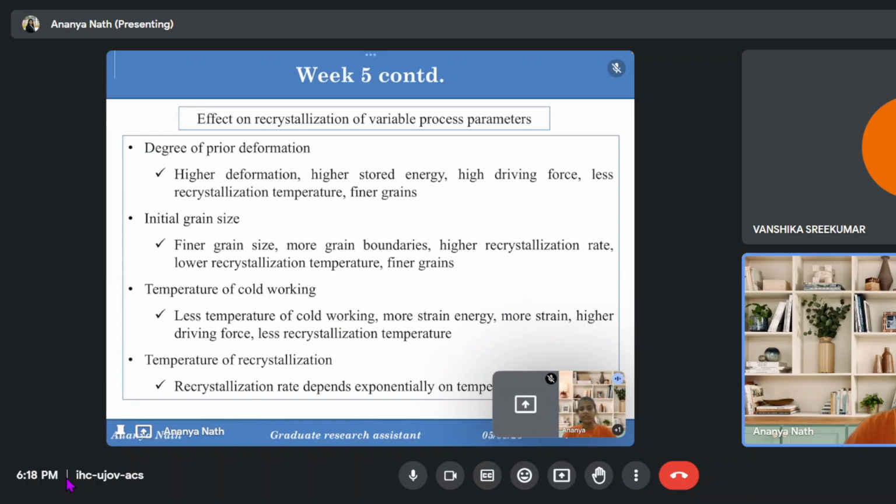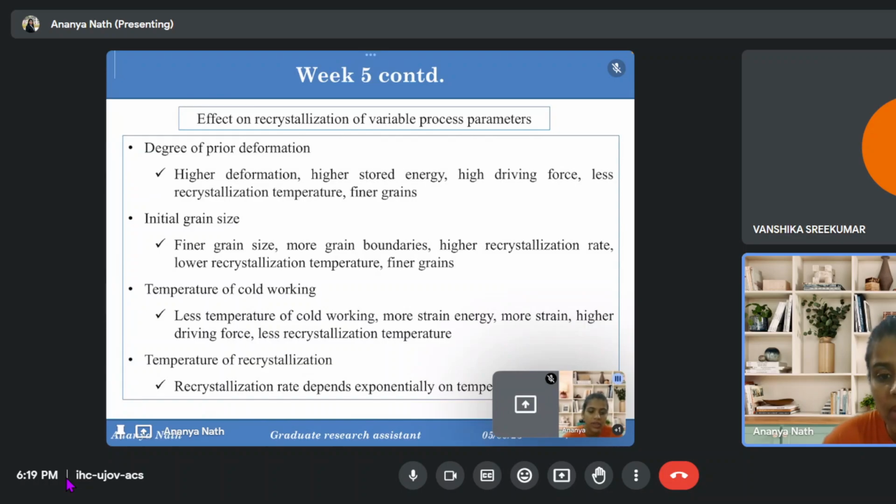The temperature of cold working is also important, because cold working does not necessarily mean carrying it out at a cold temperature. It can be at room temperature, it can be at elevated temperature also, but not equal to or more than the recrystallization temperature.